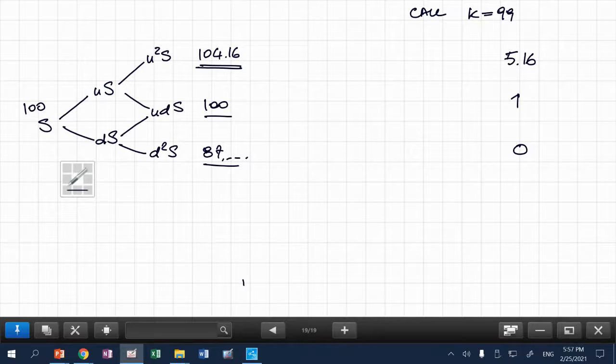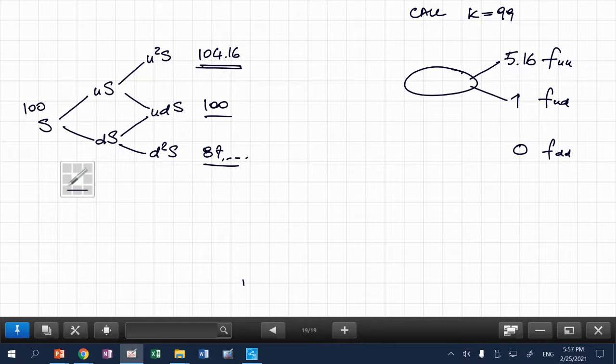And then the binomial model works with backward induction. So what you do is that you go back 1 period and you take the value here. So let's say that f is the value of the derivative. So FUU stands for the value after 2 up moves. FUD is the one after 1 up and 1 down move. And FDD is the value after 2 down moves.